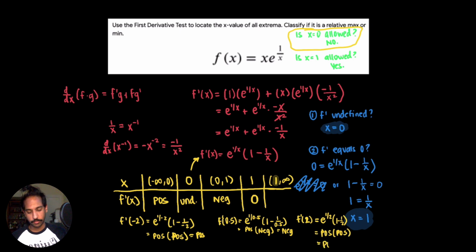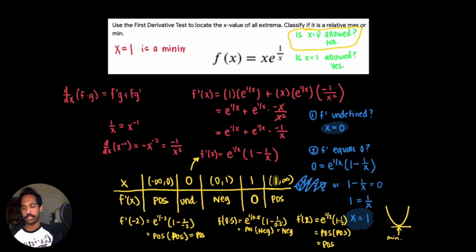So because we're going from negative slope to positive slope, I'm going to draw that on the right here. Negative slope to positive slope, that is a minimum. And so we see in the end that the only extrema that we have is x equals 1, and that is a minimum because f prime changes from negative to positive.